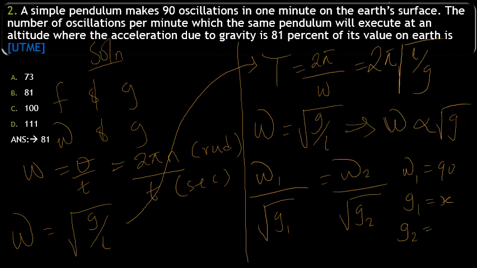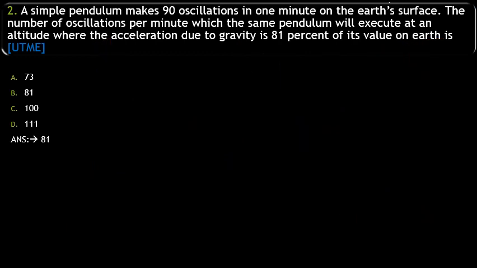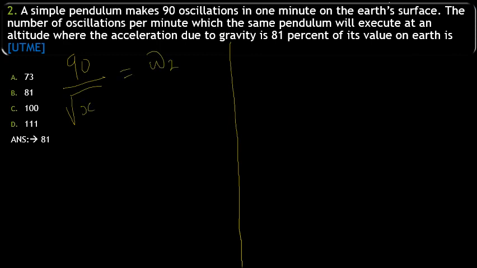G2 will now be what? 81% of X. Alright, so if we plug in the values, we will have 90 oscillations per minute all over square root of X, since I'm calling G1 X, is equal to omega 2, which is what I'm looking for, all over square root of 81X all over 100.